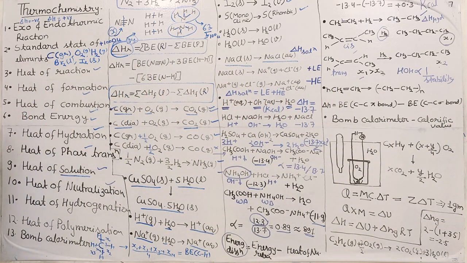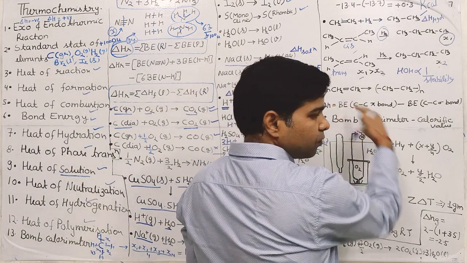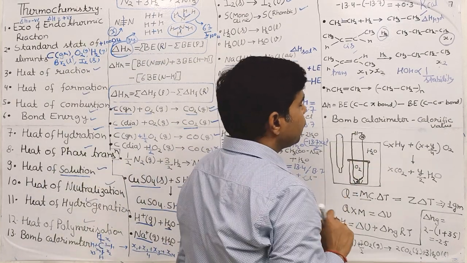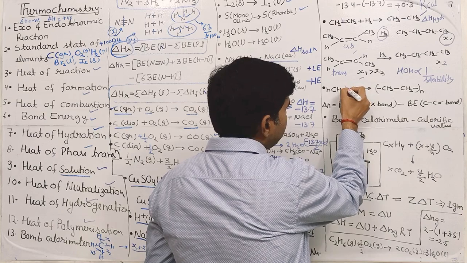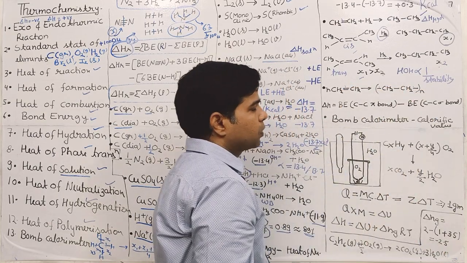Then next we have heat of polymerization. It is very simple. Suppose we have this reaction, the formation of polythene. In this reaction, 1 pi bond breaks and 2 sigma bonds are formed.